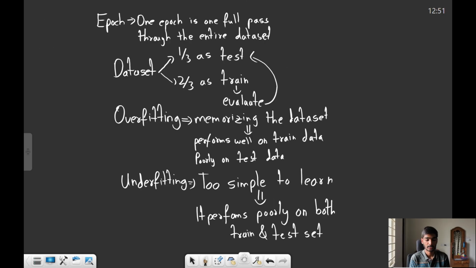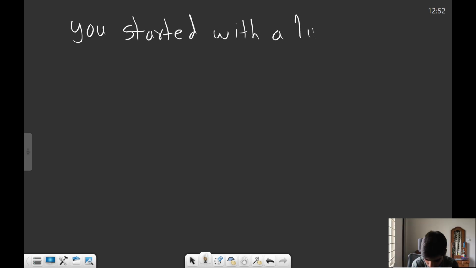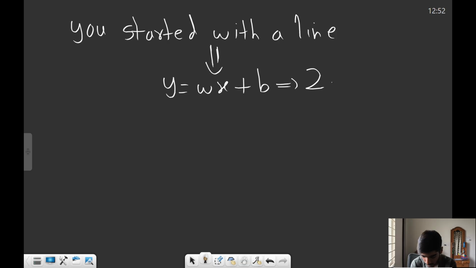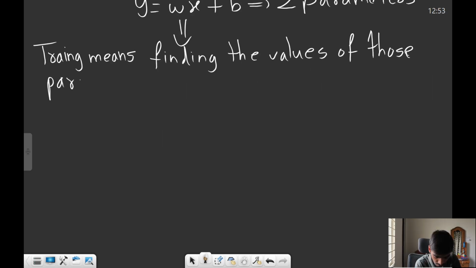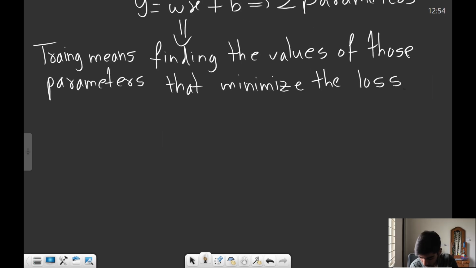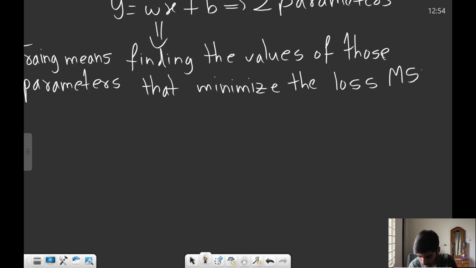So this is what each epoch means, how we split the dataset, overfitting and underfitting. Now let's recap what just happened. You started with a line y equals wx plus b, just two parameters. You learned training means finding the values of those parameters that minimize the loss function value, MSE.